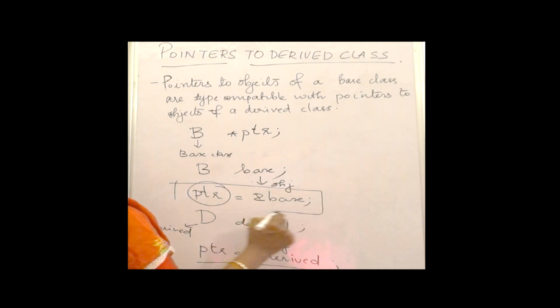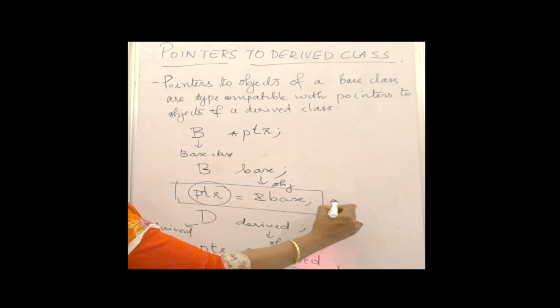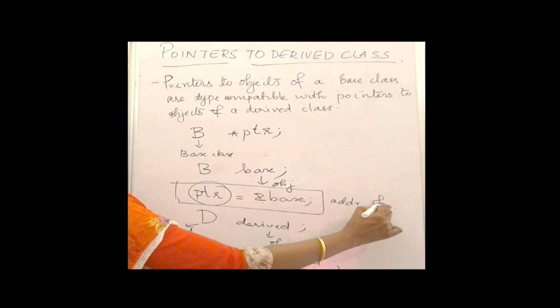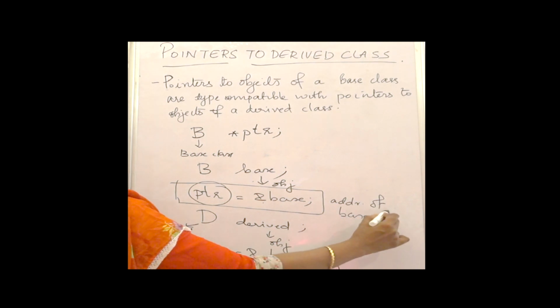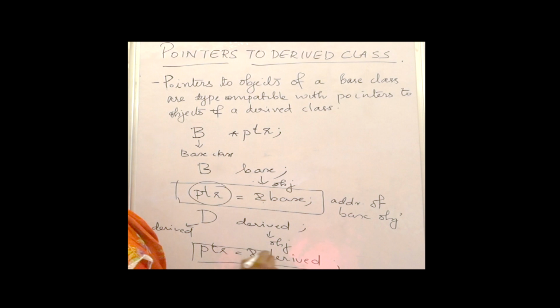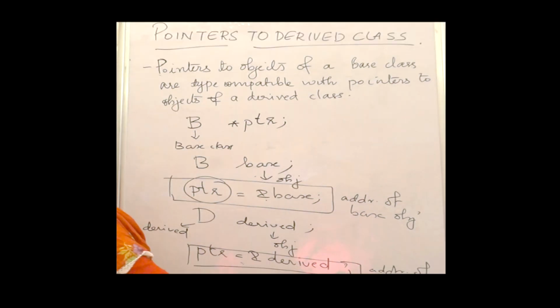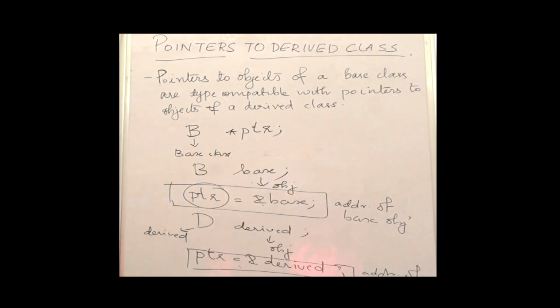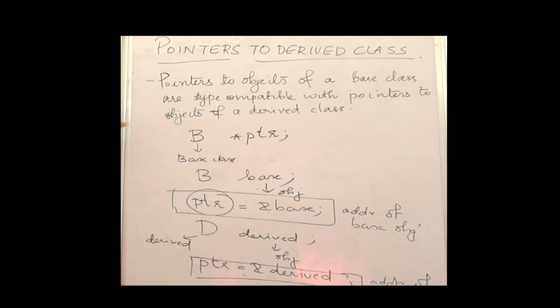In the first case PTR contains the address of a base class object, whereas here the same pointer contains the address of a derived class object. That is, pointers to objects of a base class are type compatible with pointers to objects of a derived class. The same base class pointer can contain the address of a base class object and the address of a derived class object.